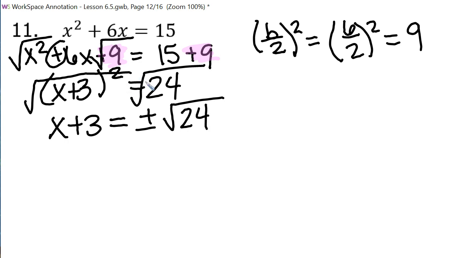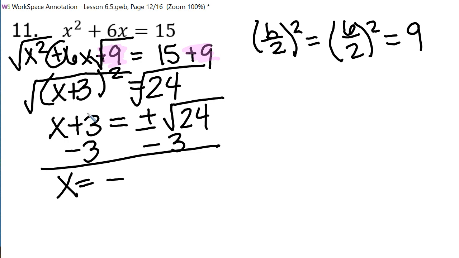Now 24, we'll simplify the radical at the very end. But how do I get rid of the plus 3? Subtract 3 from both sides. So x equals negative 3 plus or minus square root of 24. And again, make sure your radical is always in simplest form. So this one does simplify.